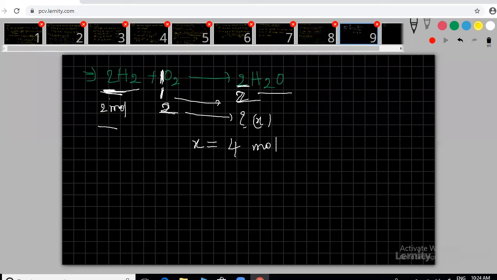Here 2 moles of hydrogen react, here 1 mole of oxygen reacts, and here 2 moles of water form. So 2 moles of hydrogen will give 2 moles of water, and 1 mole of oxygen will give 2 moles of water. You can ask with respect to any one of them. Clear? Okay, fine. Second one.